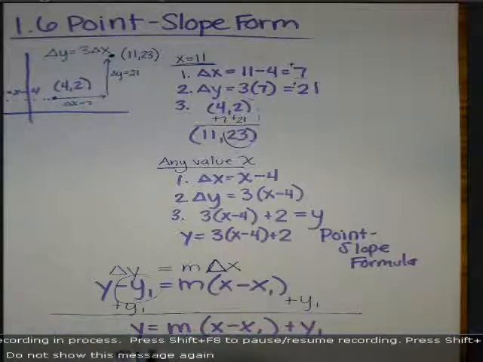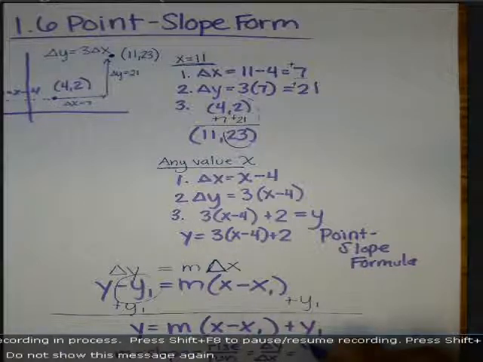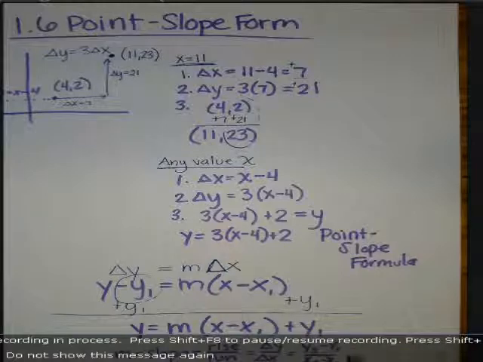M here is my slope. Keep in mind that slope is rise over run. This is the same thing as the change in y over the change in x, which is the same thing as y2 minus y1 over x2 minus x1, which is the same thing as saying the constant rate of change. All of those are the same thing.